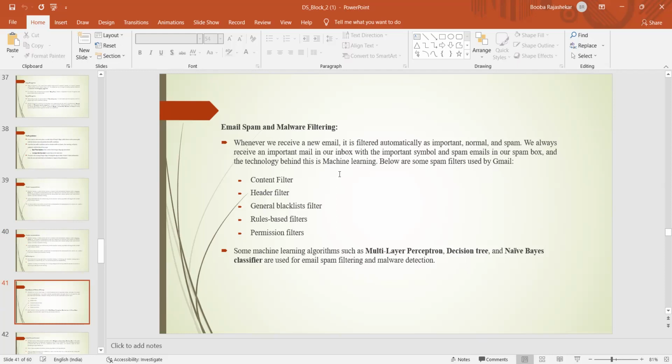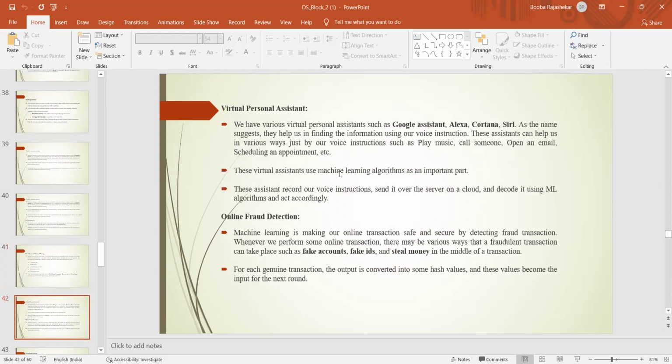So these are the main filters used for filtering the data in that particular email. Some machine learning algorithms such as multi-layer perceptron, decision tree, and Naive Bayes classifier are used for email spam filtering and malware detection.